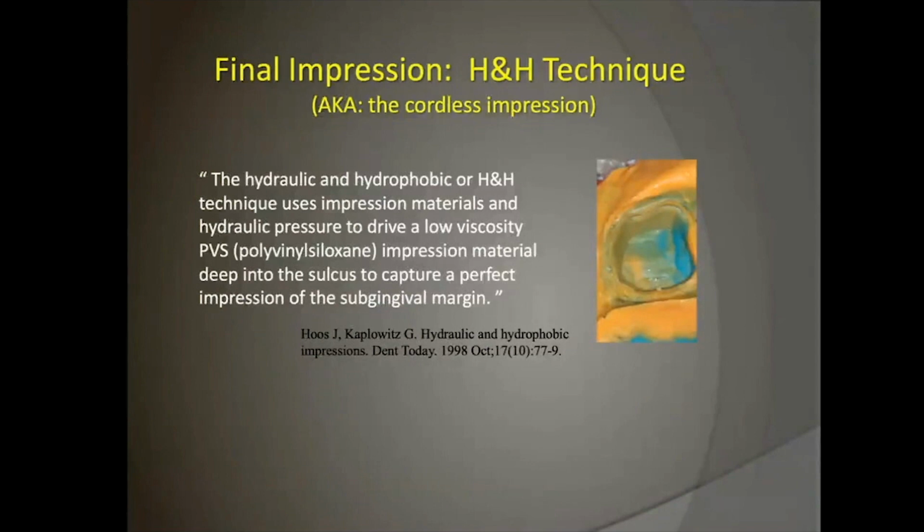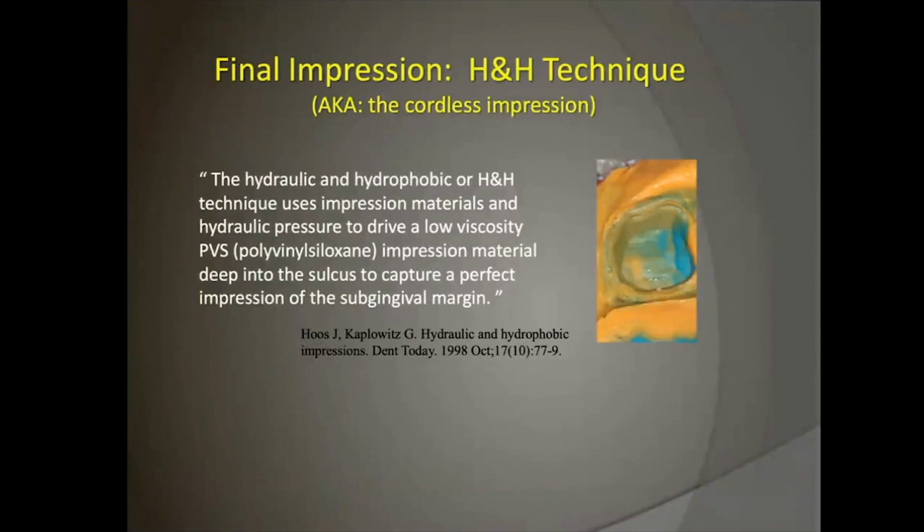H&H stands for hydraulic and hydrophobic. This technique uses impression materials and hydraulic pressure to drive a low viscosity polyvinyl siloxane impression material deep into the sulcus to capture a perfect impression of the subgingival margin.